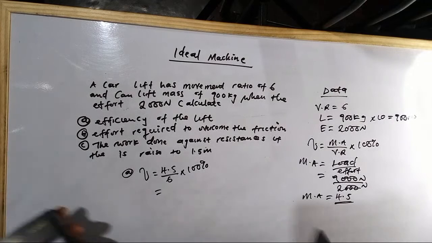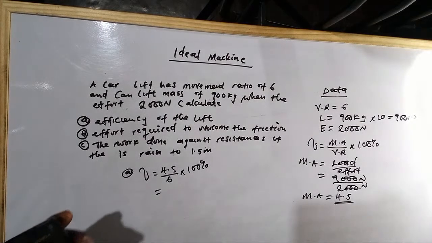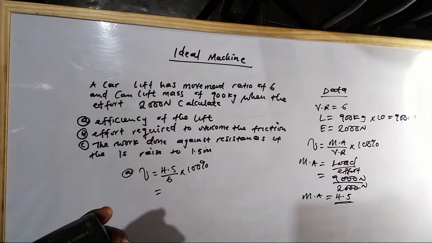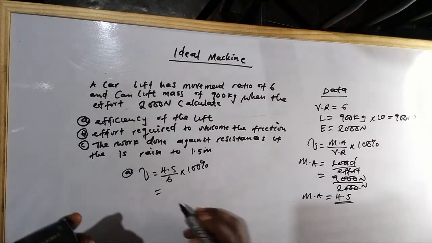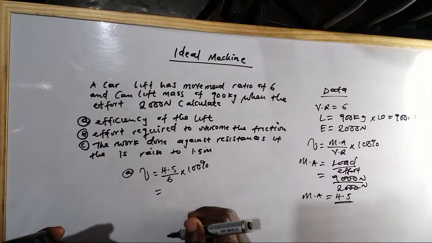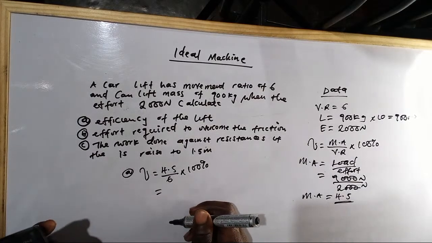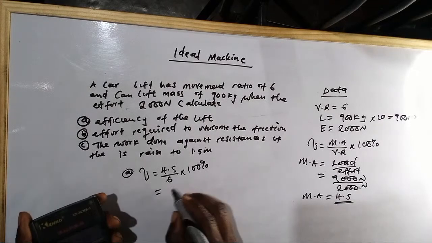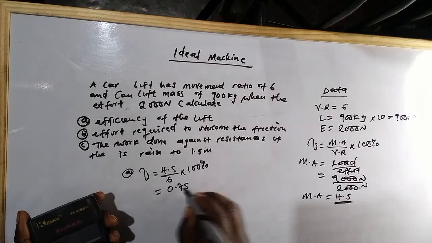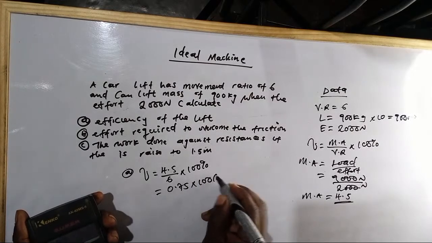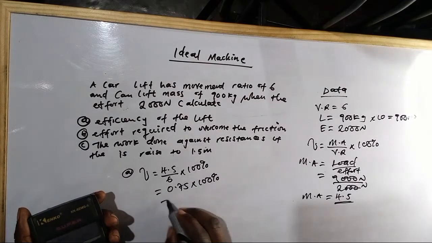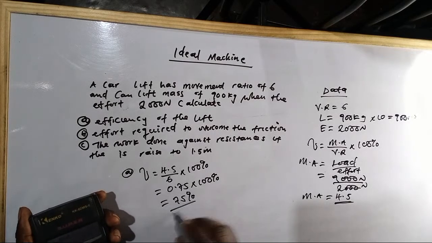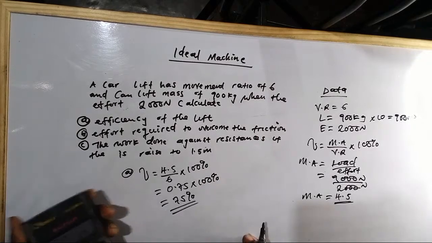Then 4.5, you divide it by 6, you are going to have 0.75, you multiply by 100%, in which you are going to have 75%. So this is the efficiency of this machine.